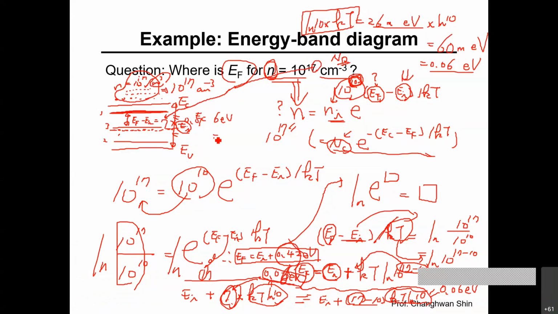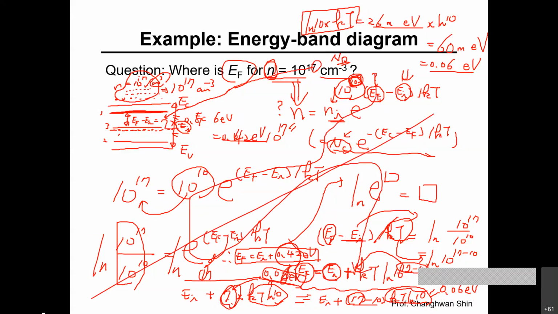So 0.42 electron volt. That's it. So you don't need to do this very complicated mathematical derivation. Don't do this anymore. Just take this number 7 times 0.06 electron volt, and you will get the precise location of the Fermi energy level in the band diagram.